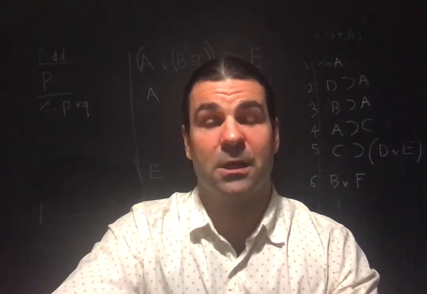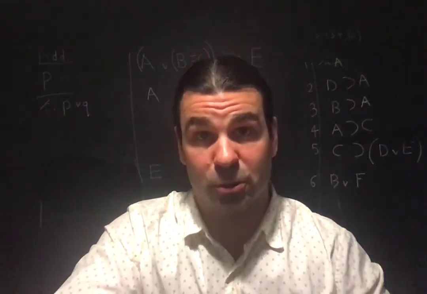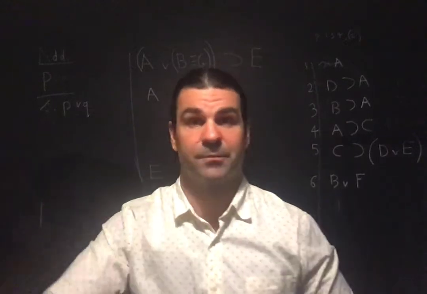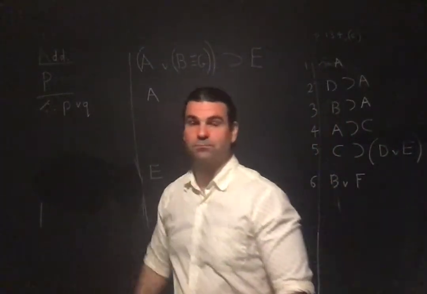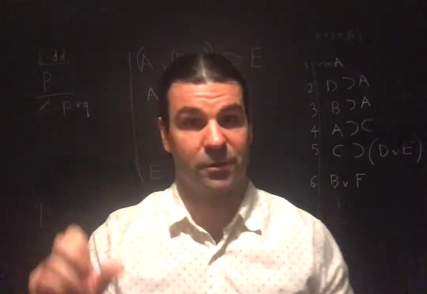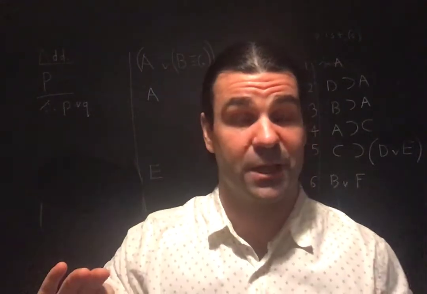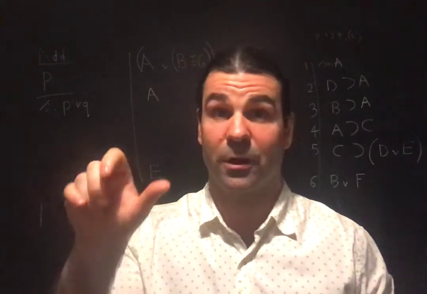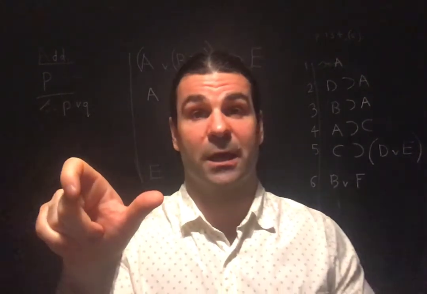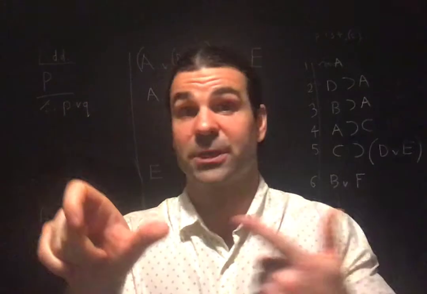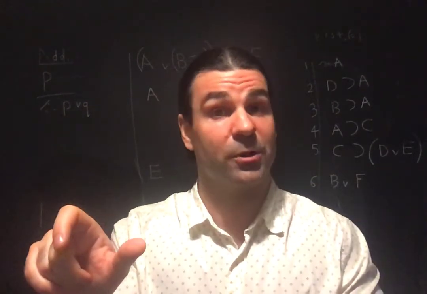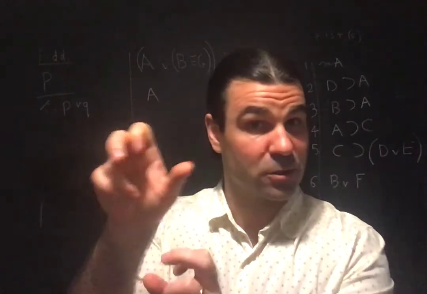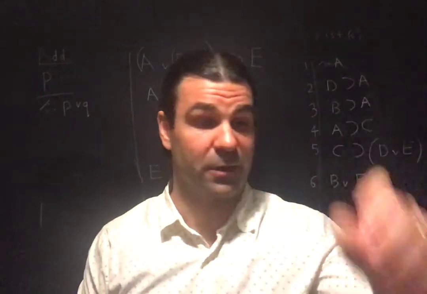So you're not looking at the conclusion, you're just deriving whatever you can. You could do addition 100 times if you wanted to, but also you're looking for, if you've got a conjunction, you'll do a simplification. If you've got a conditional, you'll look out for the antecedent, can I do a modus ponens, or the negation of the consequent, then you can do a modus tollens. That combination of two premises is top-down reasoning.